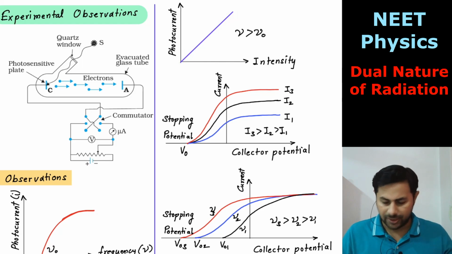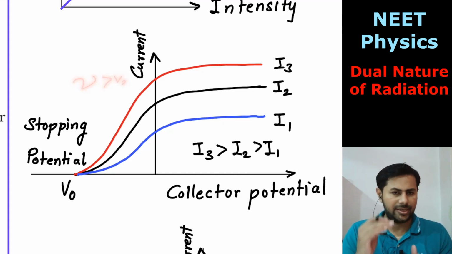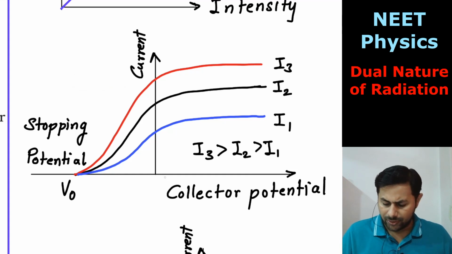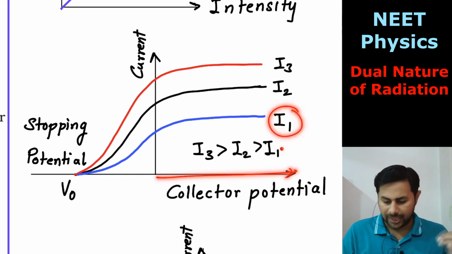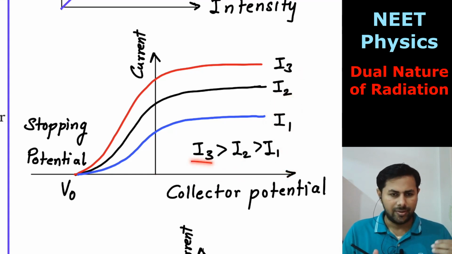That means if you increase the intensity, the current will increase. So you choose a particular frequency nu greater than nu naught and just change the intensity. You choose intensities I1, I2, I3, where I3 is greater than I2, which is greater than I1. Obviously you will get more current for larger intensity.